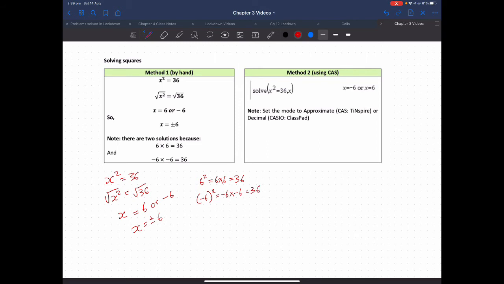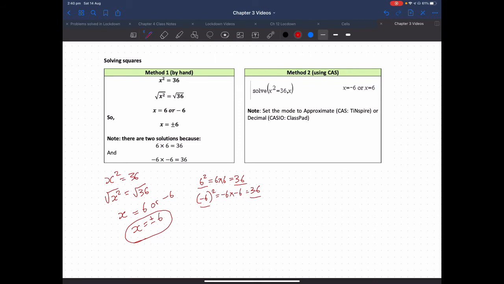So you can see there, squaring 6 gives us 36. Squaring negative 6 gives us 36. So when we take the square root, it is working backwards. Are we working backwards to 6 or are we working backwards to negative 6? It can be either answer. That's why we need both answers.